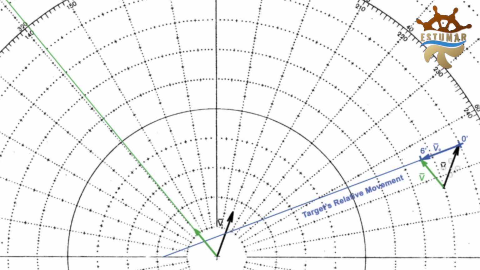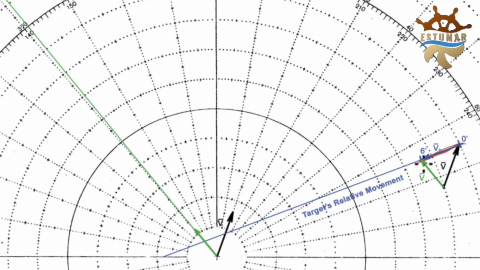Then the idea is like this: on the 12th minute we need to have a new heading of our own vessel, so the relative motion of the target will go further from us and will be somewhere at 2 miles. Then we need a 12th minute. We don't have it yet, but we consider that this target doesn't change heading and speed.